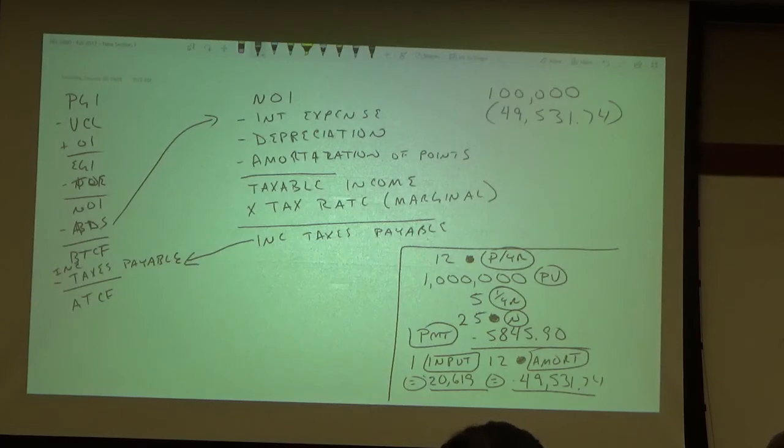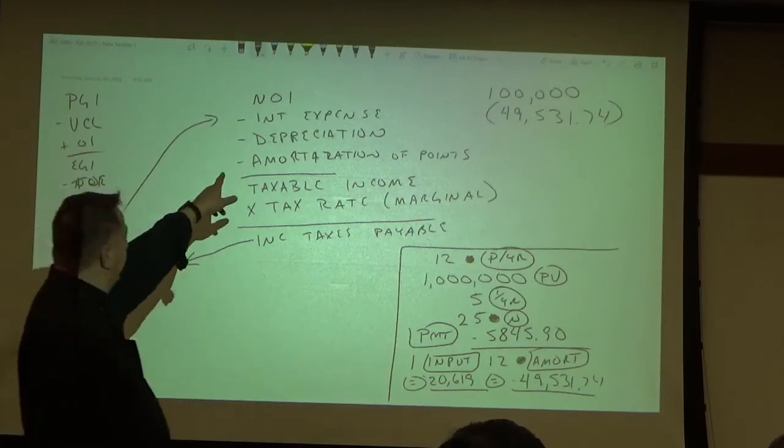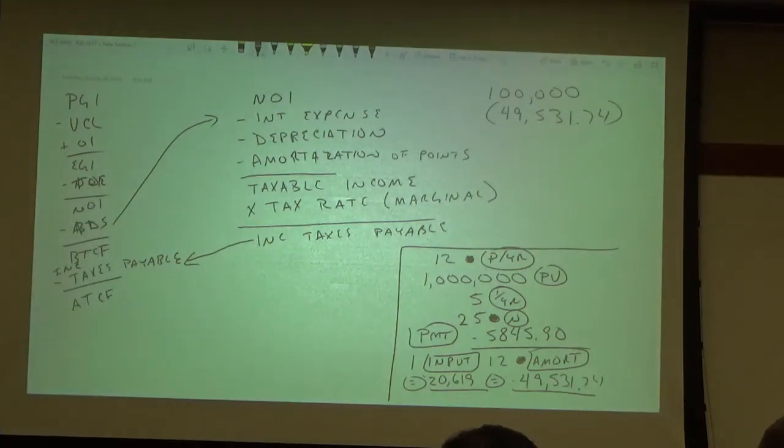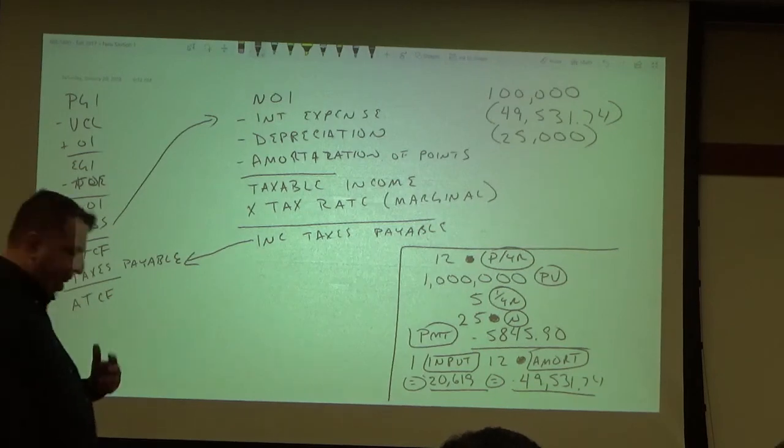Okay. Now, if we had our depreciation amount, whatever that was for this particular property, I'm just going to throw in a number here, let's say, to keep it simple, 25 grand. And then amortization of points. I said I was going to mention this briefly.